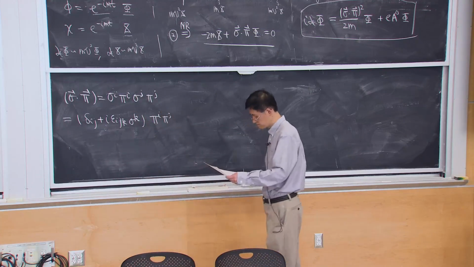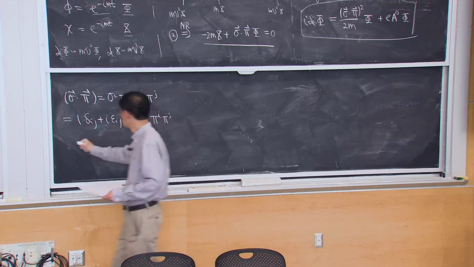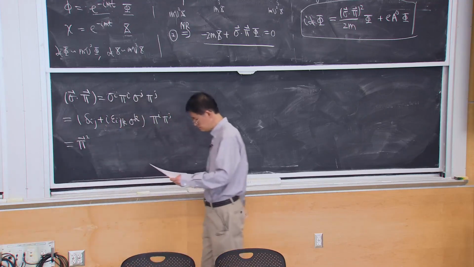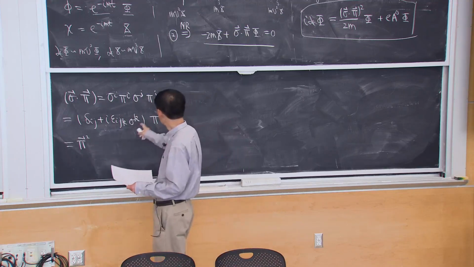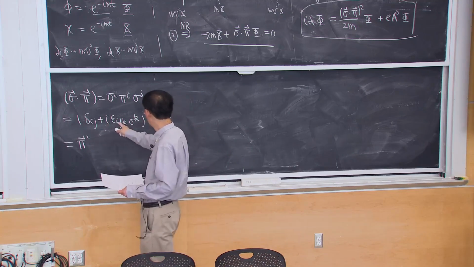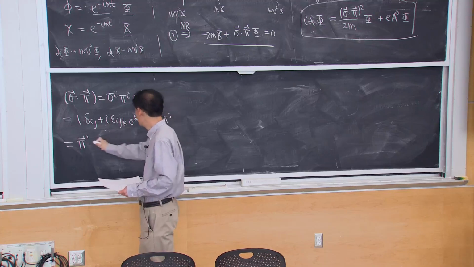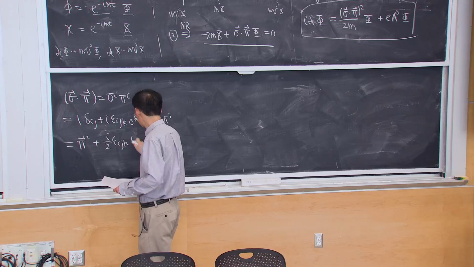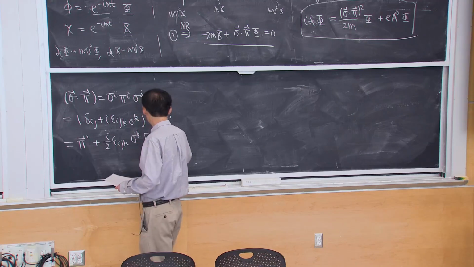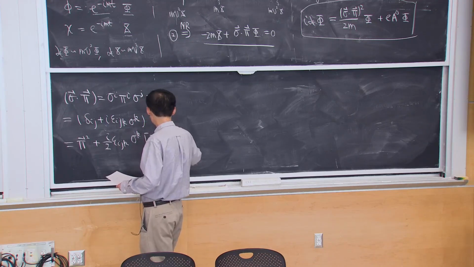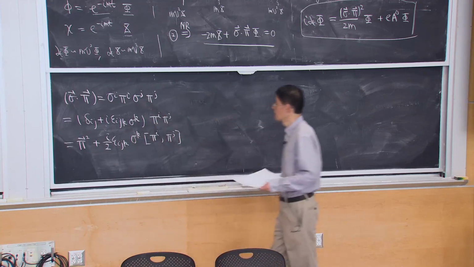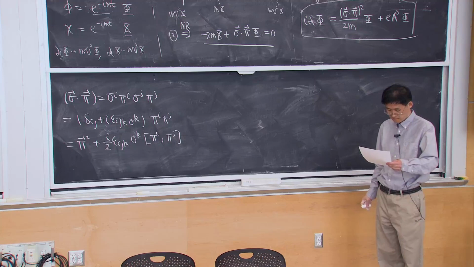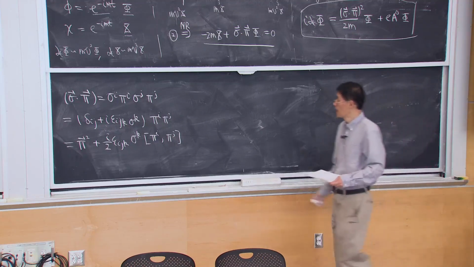The first term gives me pi squared. For the second term, using the anti-symmetry in ij, I can write it as epsilon ijk sigma k and the commutator of pi i and pi j.